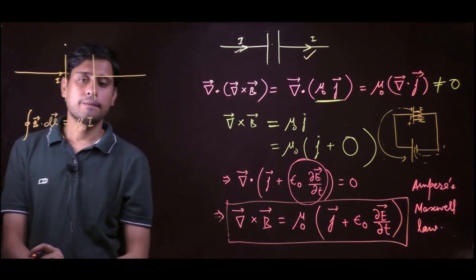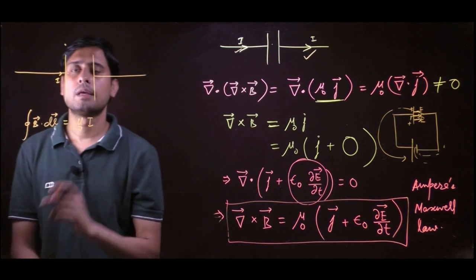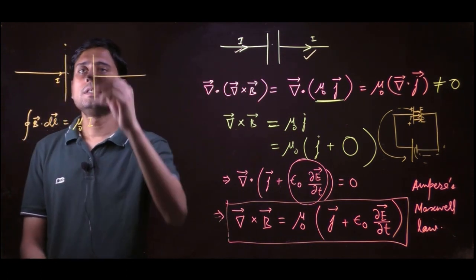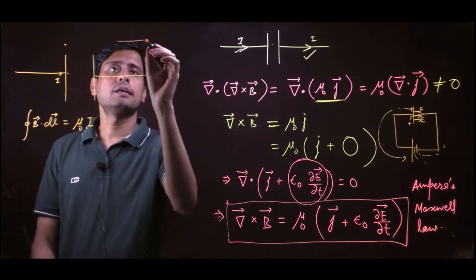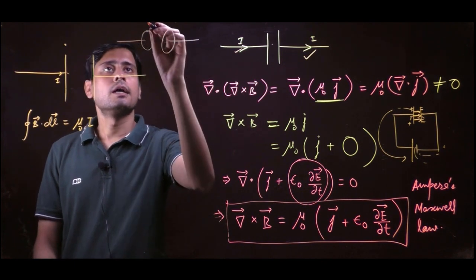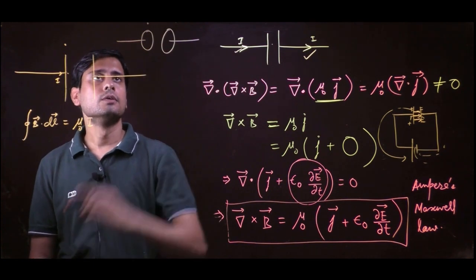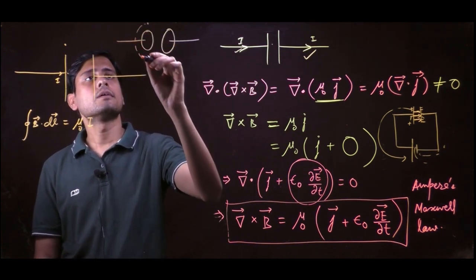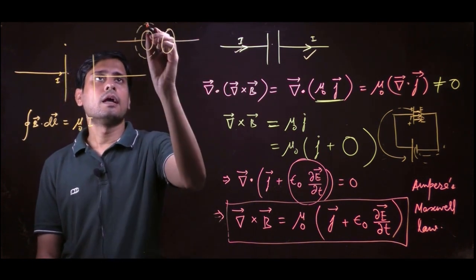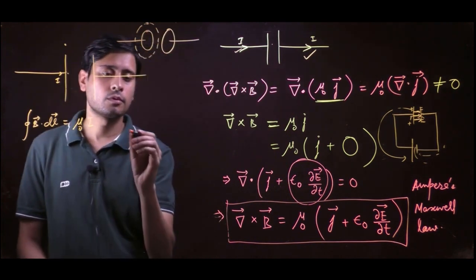I am writing it in integral form because it will be appropriate here. You can consider a loop. The plates are circular, and you are finding the magnetic field here. So you can imagine a loop here, and I am drawing a bigger diagram.